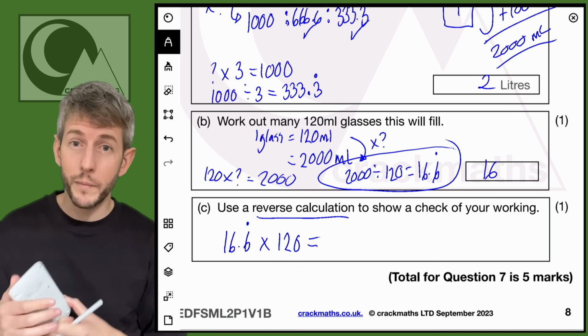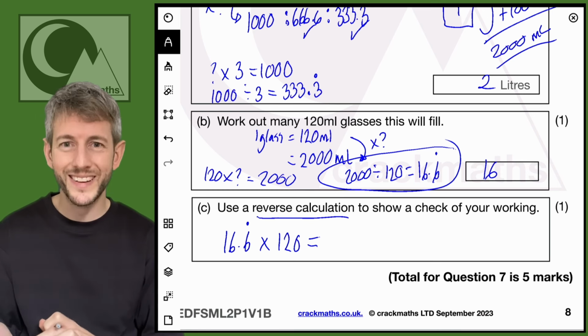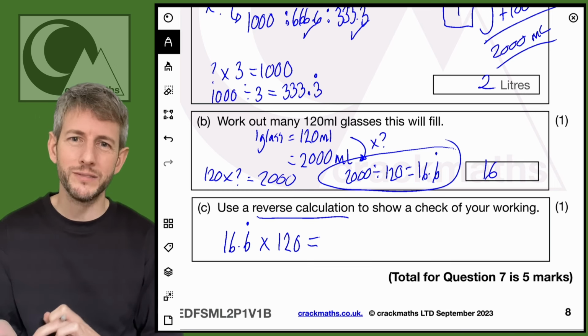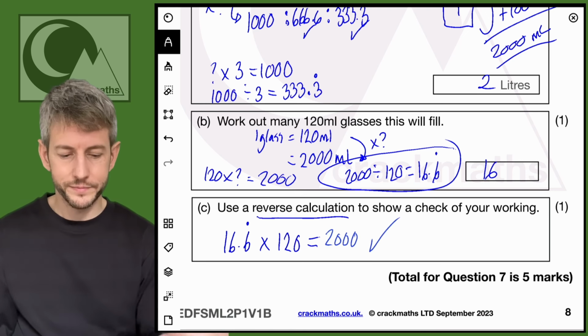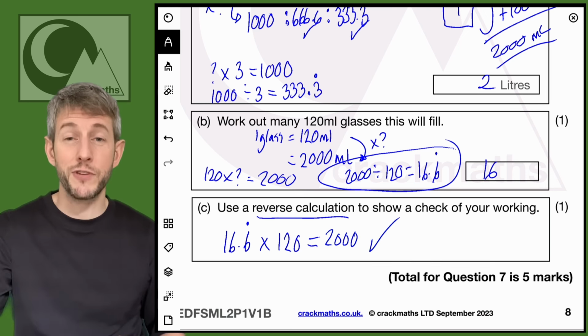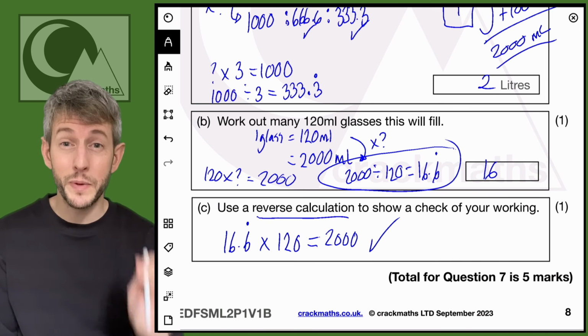I'm going to do that on my calculator. 16.666666666, I'm just going to keep going for a little while. Times 120, and that does equal 2000. Okay, so that is a satisfactory check, and it does mean that I'm confident that I've got part B correct.